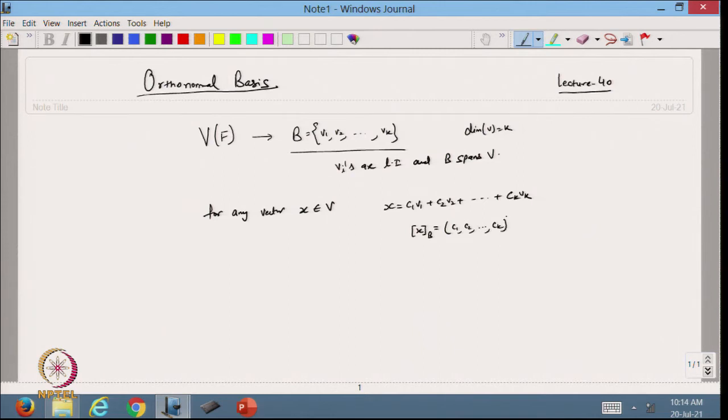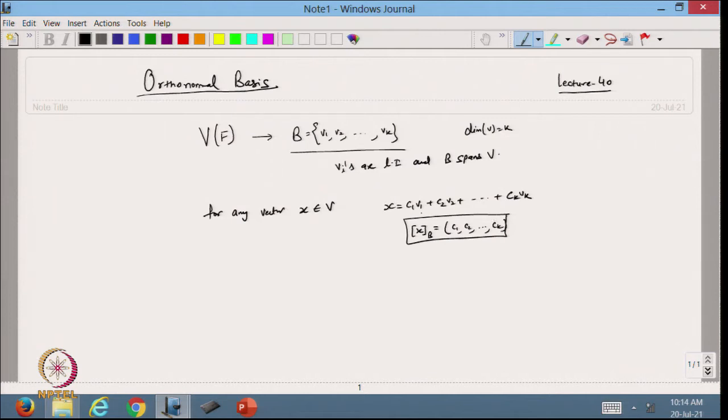Now, finding these coordinates is a very cumbersome job, because whenever we have a large system, like a V with dimension maybe 10, to find the coordinates C1, C2, up to Ck we need to solve a system with a 10 by 10 matrix.